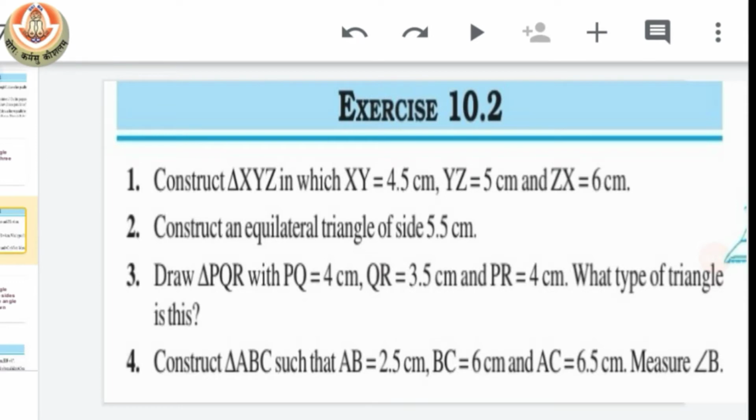For the first question, we have to construct a triangle XYZ in which XY is 4.5 centimeter, YZ is 5 and ZX is 6 centimeter.